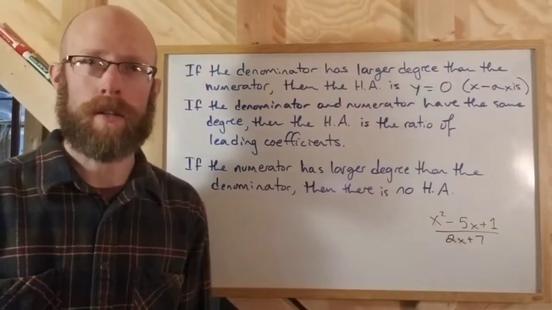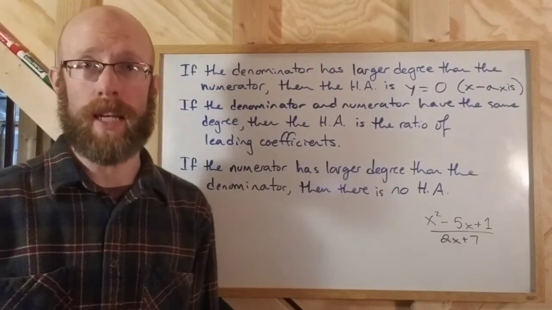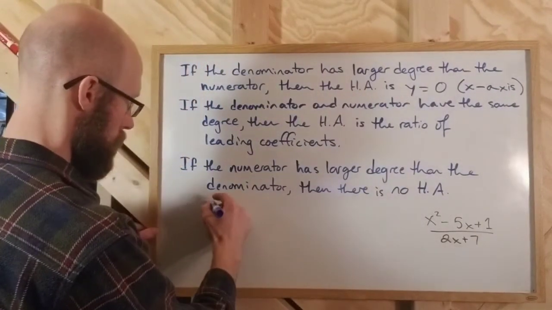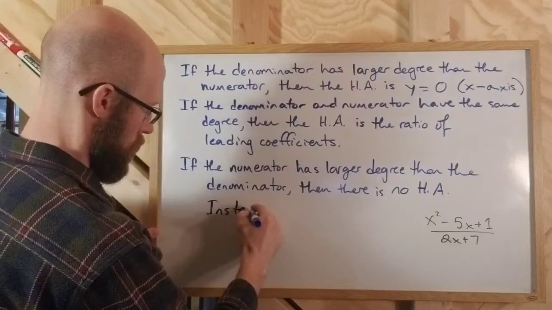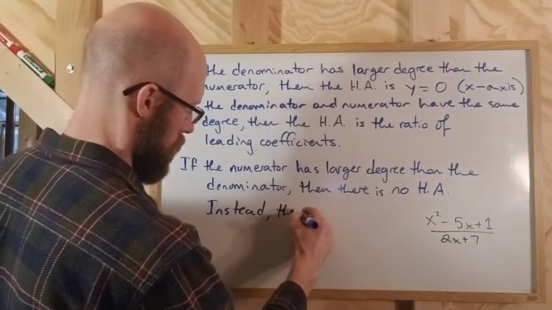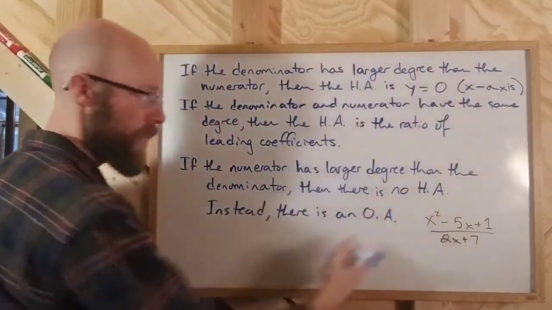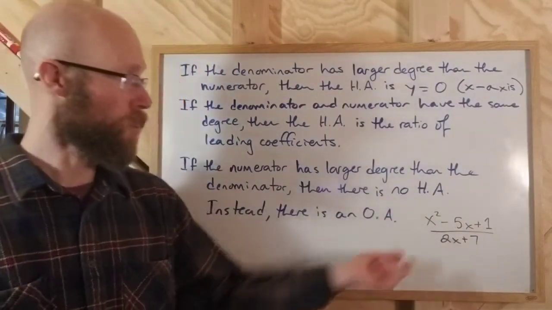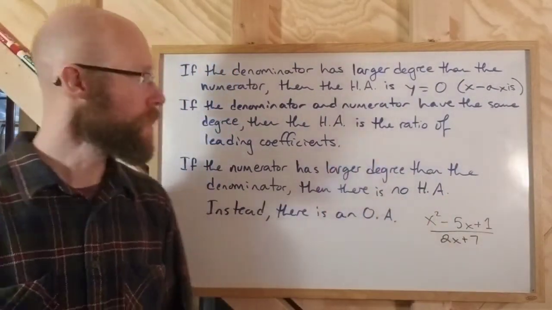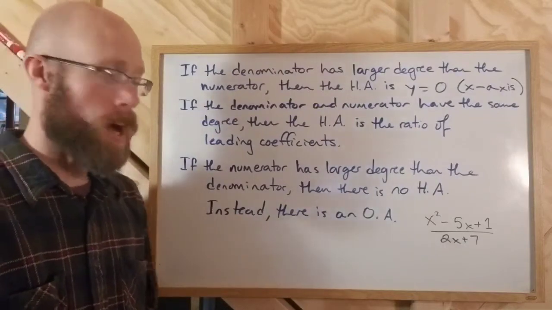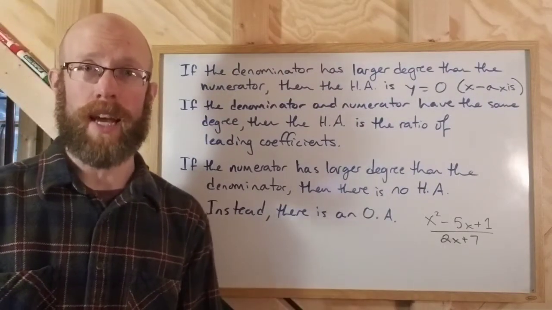Instead, there will be an oblique asymptote. I will abbreviate oblique asymptote as OA, horizontal asymptote as HA. Now we've got to figure out how to find the oblique asymptote.